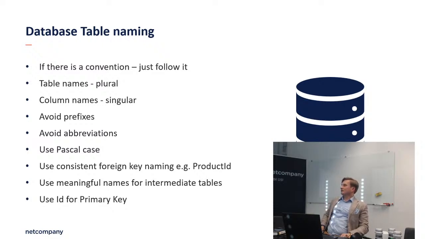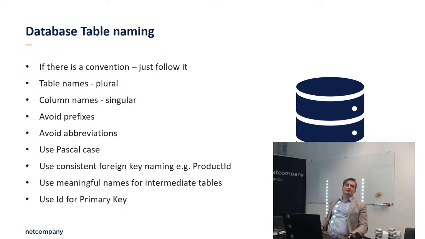The most important thing I would say is the consistent foreign key naming. So for example, if the ID on each table is just ID, you can consider using table name plus ID as the foreign key. When you have intermediate tables, whenever it's possible, you should strive to use the most meaningful names.